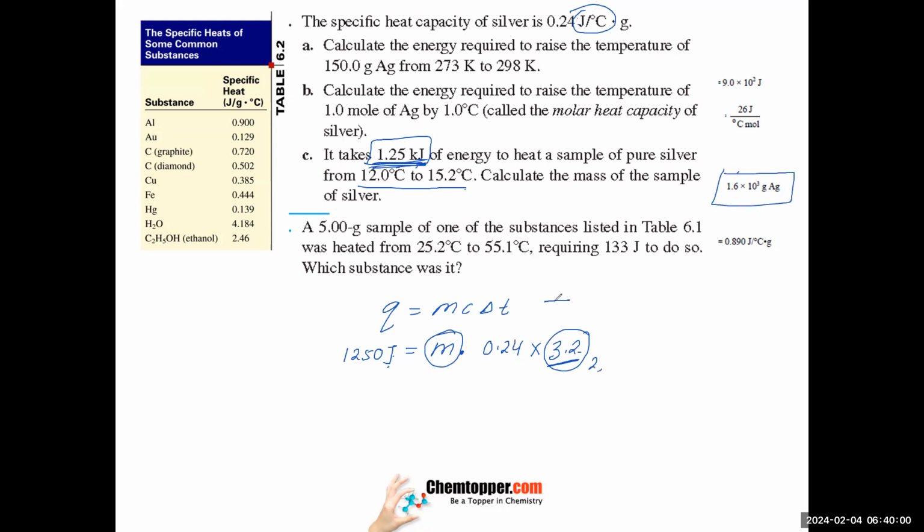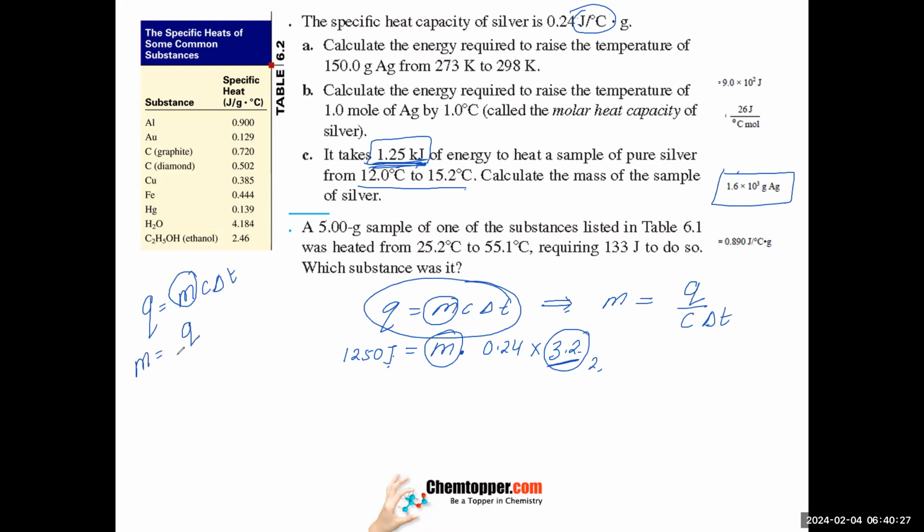You can rearrange the equation. If you want to calculate M, M equals Q divided by C delta T. Make yourself expert in rearranging the equation. This is the equation: Q equals MC delta T. If I want to calculate M, I can rearrange it like this.